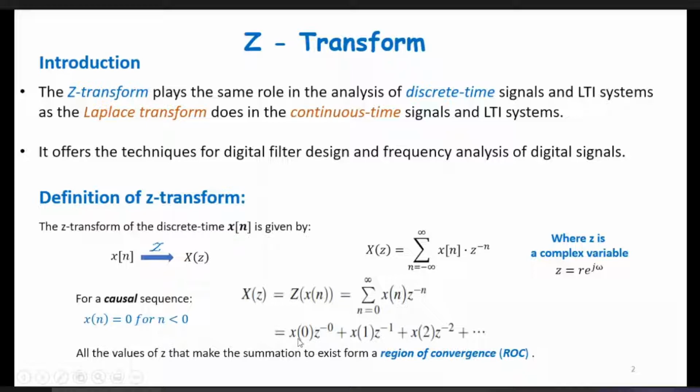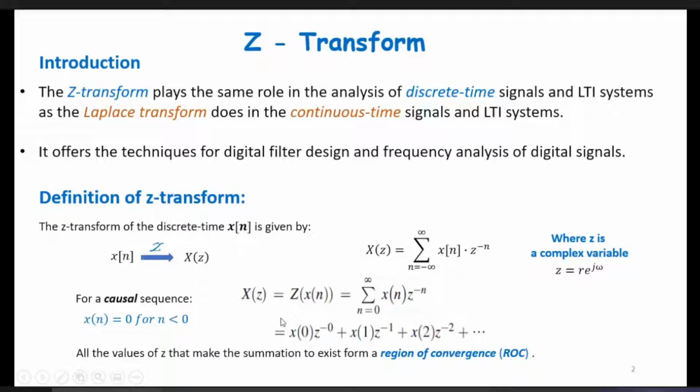This whole expression should not be infinity. The values of z for which the function becomes finite or exists is called the region of convergence. So it is a very important factor.